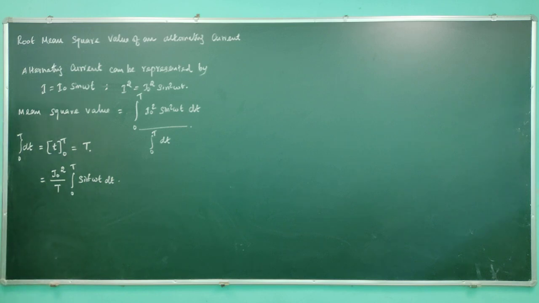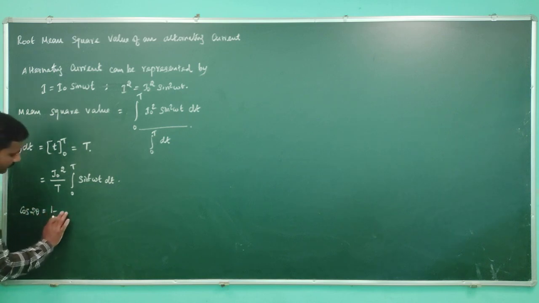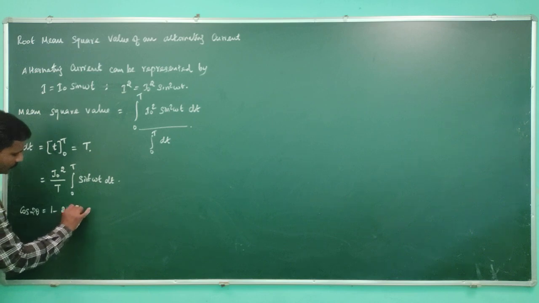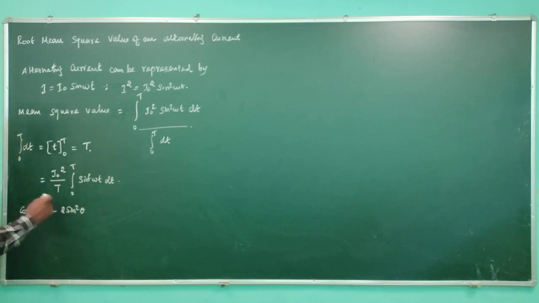But recollect from the previous expression for the root mean square value of alternating voltage, cos 2 theta equals 1 minus 2 sin square theta.